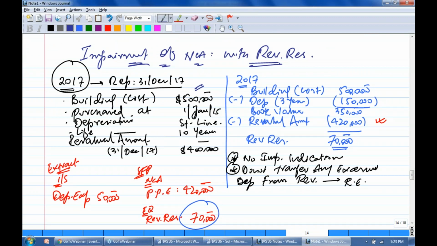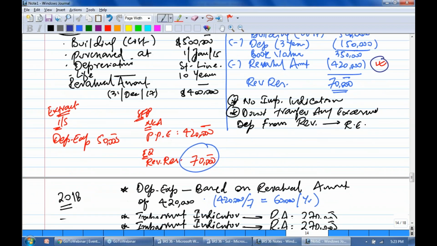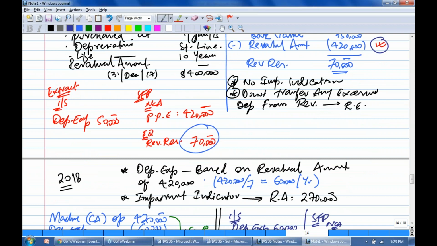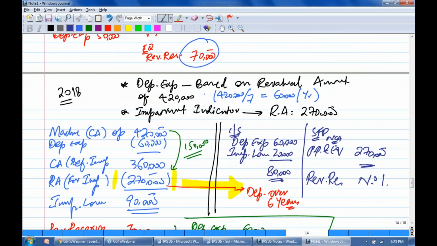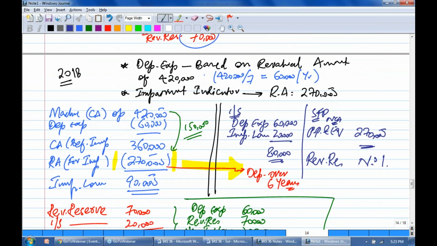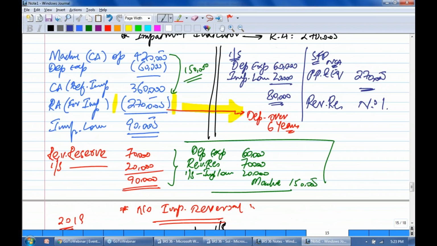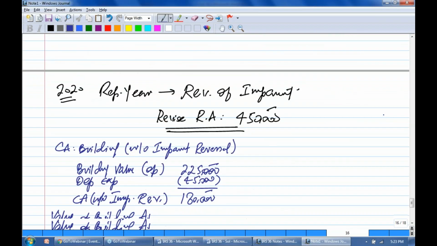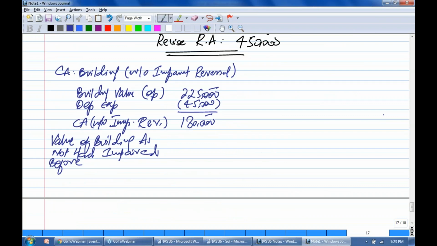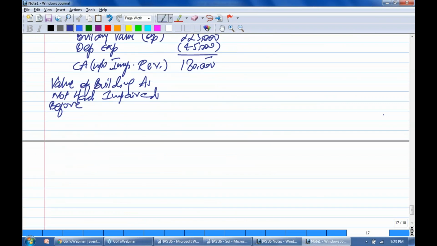But in 17 the asset value became increased, it became 420, and now we depreciated on that basis, that's 70,000 per year. And now in 2018 the asset became impaired. So if we want to calculate as if the asset had never been impaired before, we work out on that basis.